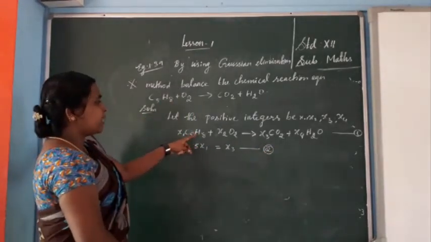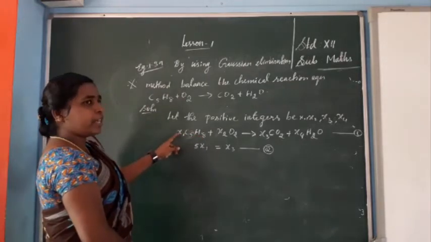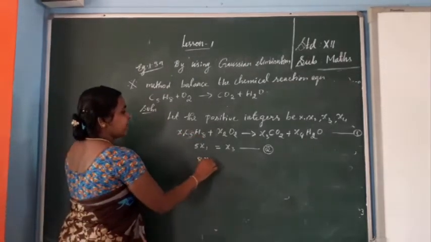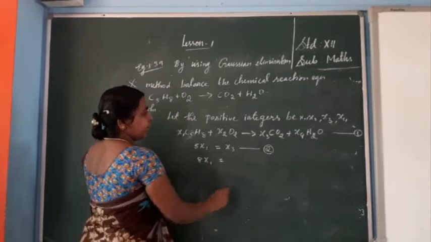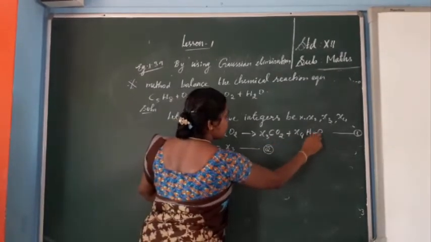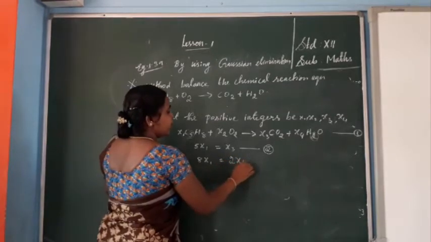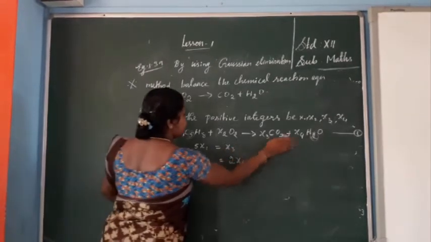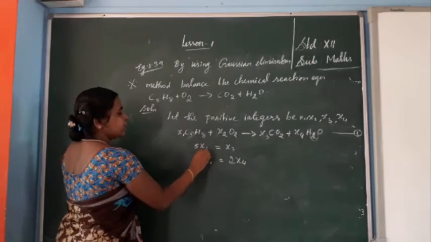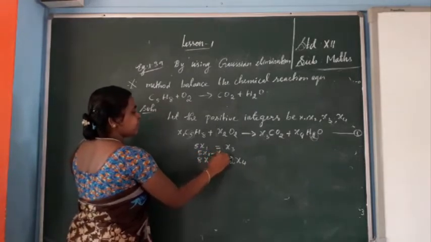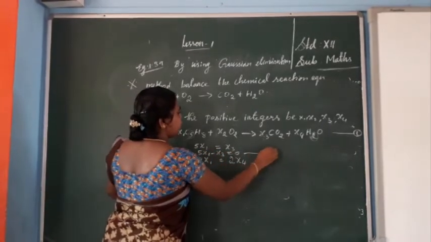Hydrogen element here is 8, so 8 into x1 is 8x1 equal to, here hydrogen element is 2, so 2 into x4 is 2x4. Now take x3 to the left hand side: 5x1 minus x3 equal to 0. This is equation 2.